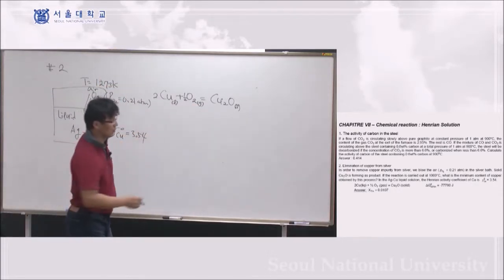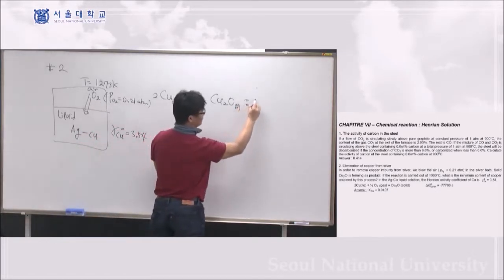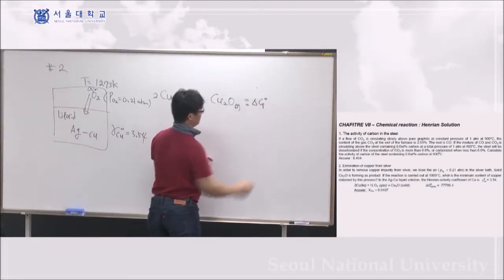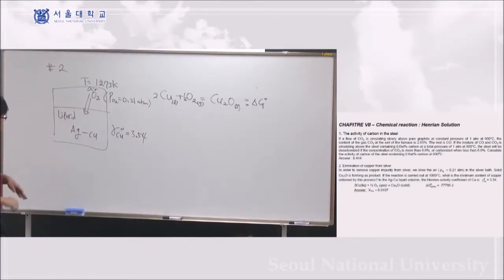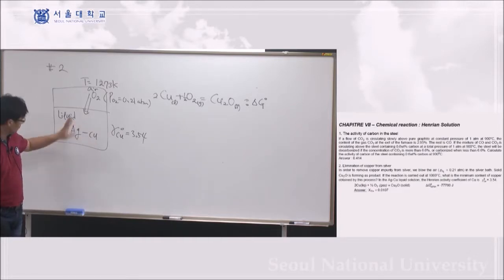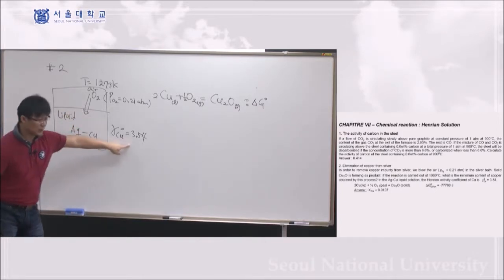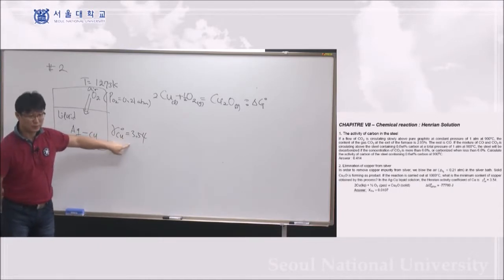And luckily we have the delta G naught of this reaction. So the copper is part of the solution, but we don't care whether silver is existing or not. However, the contribution of silver comes in here, through the Henrian activity coefficient.